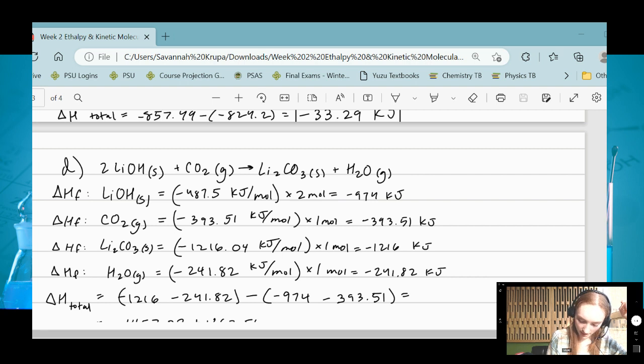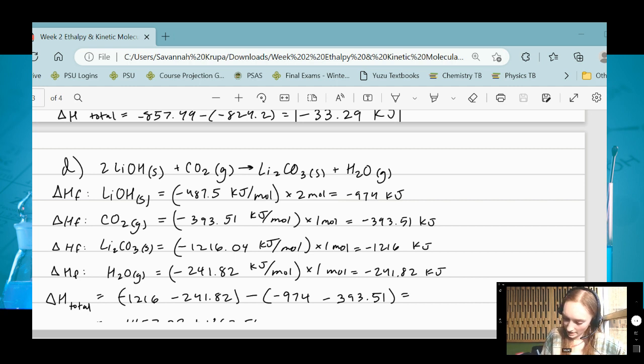So delta H total is going to be negative 241.82 plus negative 1216.04, and then minus the reactants.